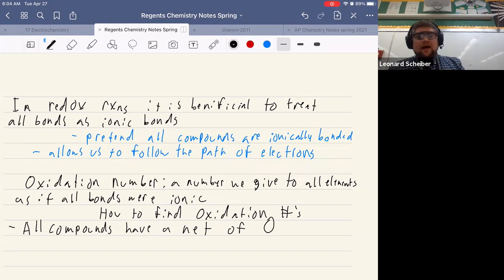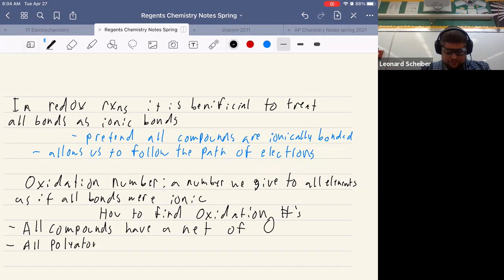If you add up all the oxidation numbers in a compound, that net is 0. All polyatomic ions' oxidation numbers add up to the total charge of the polyatomic ion.